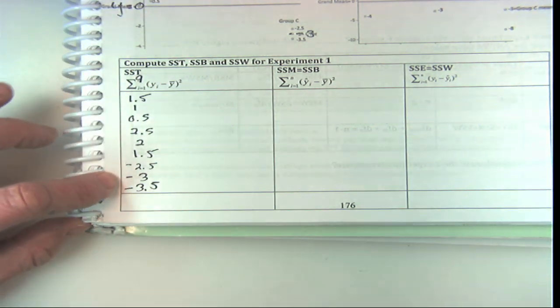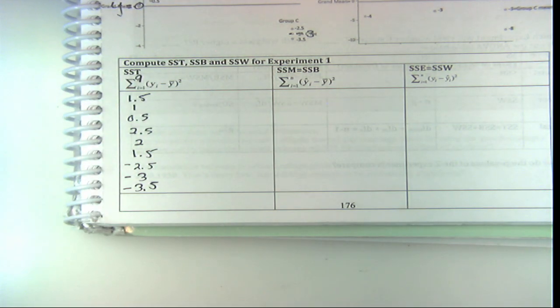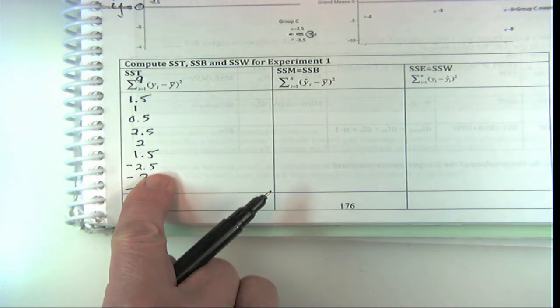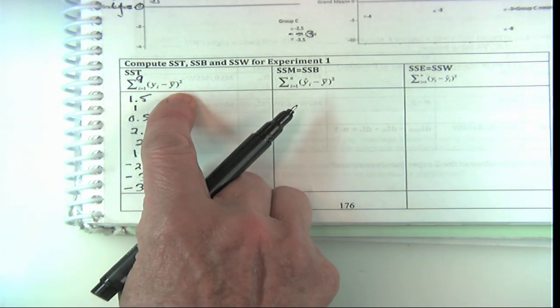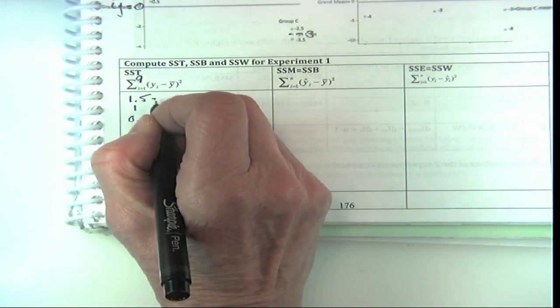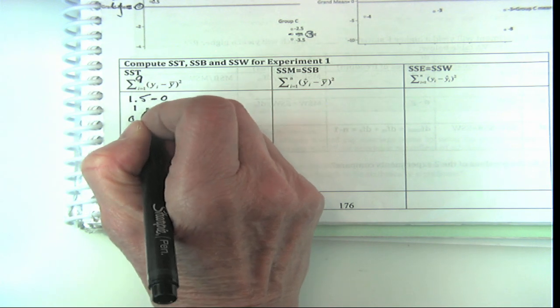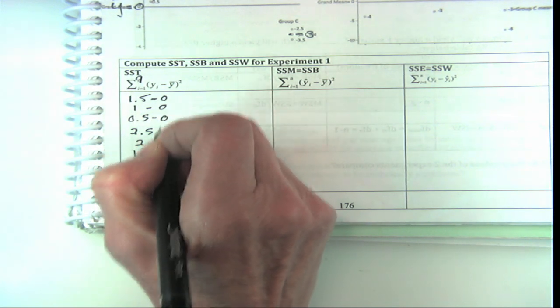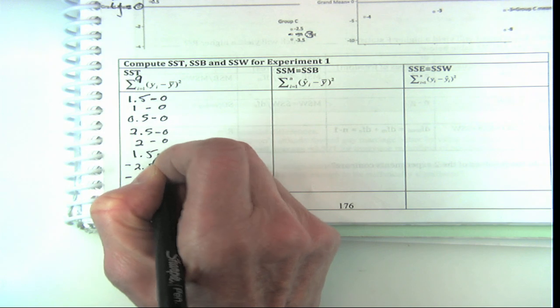So we have the 9 points. And the way we always do this, we take the deviations from the average. That's all this is. Well, the average happens to be 0. I made it easy for computational purposes. It's not always 0. So I'm subtracting off 0 from each one of these.